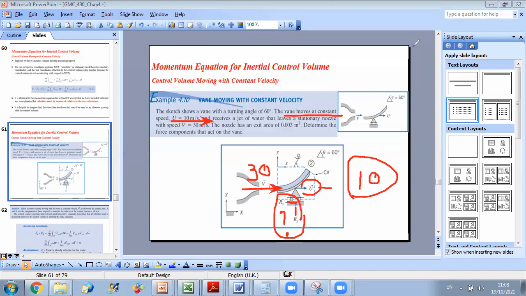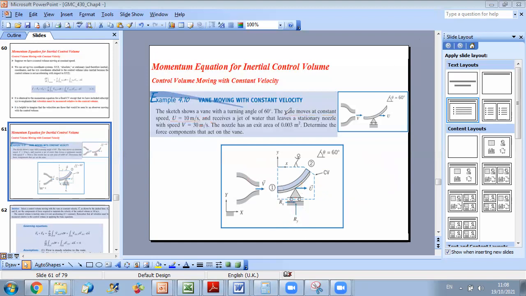اوكي اول شيء على طول بس تقروا constant speed يعني think about applying linear momentum with for control volume moving at constant velocity. يعني كل الvelocities حنستعملهم حيكونوا v relative. اوكي يعني measured with respect to the vane. يعني هون for example at section 1 شو عم بيصير؟ الjet of the nozzle الابسوليوت velocity تبعه هي 30. هيدي ال 30 meter per second هي absolute velocity.